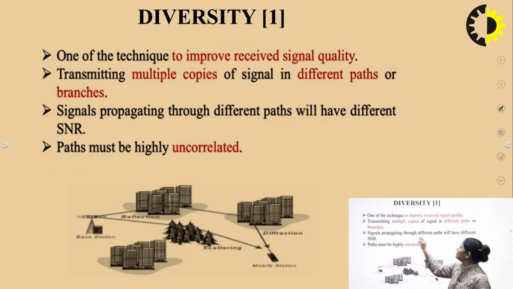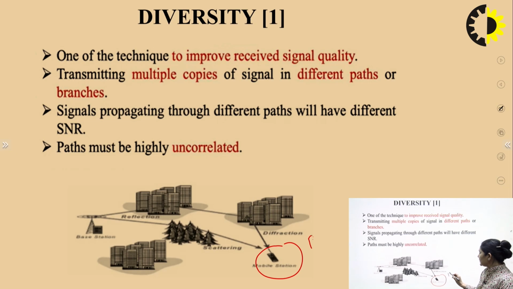Signals propagating through different paths will have different SNR. So we will have different communication channels in which different SNRs will be there, and these paths must be highly uncorrelated. As you can see in this diagram, this is the base station transmitter and this is the mobile station, the receiver.